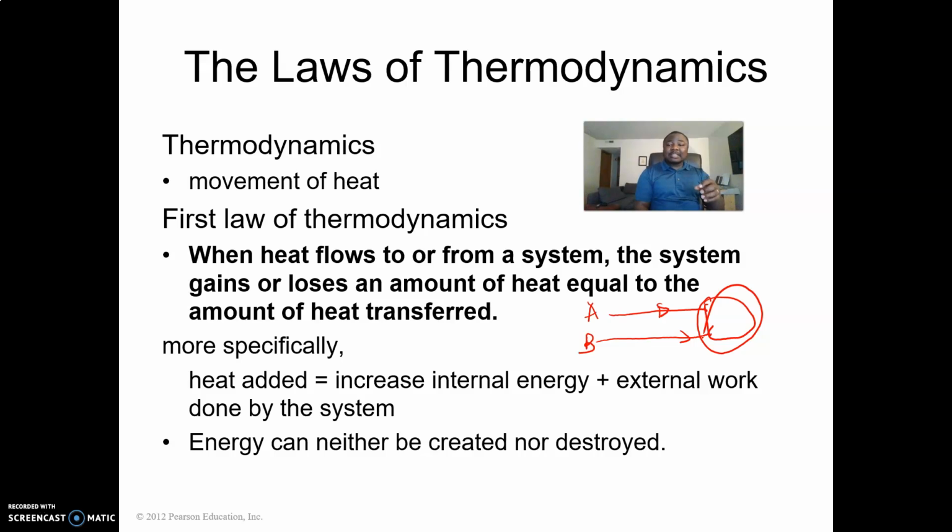So what we're saying is that from the first law of thermodynamics, when heat flows to or from the system, it gains or loses an energy that is the same as the amount of heat that is transferred to it. Do you understand what I'm saying? The same energy that enters the system is the same energy that leaves the particular system. Do we get it?